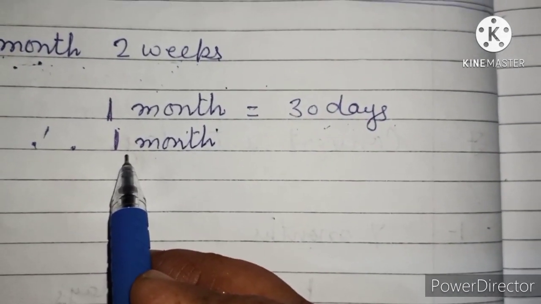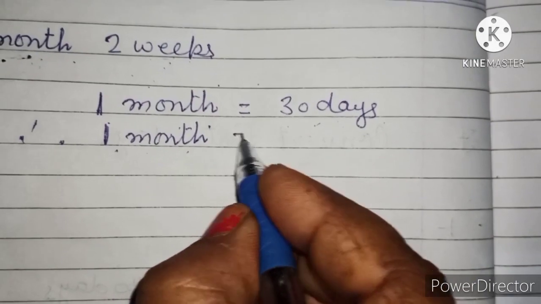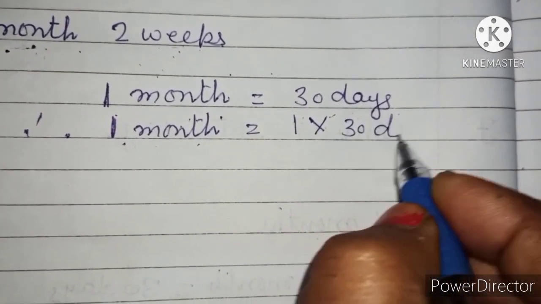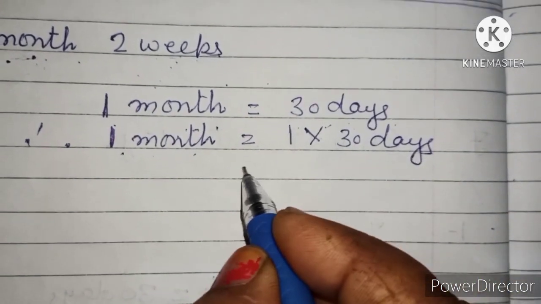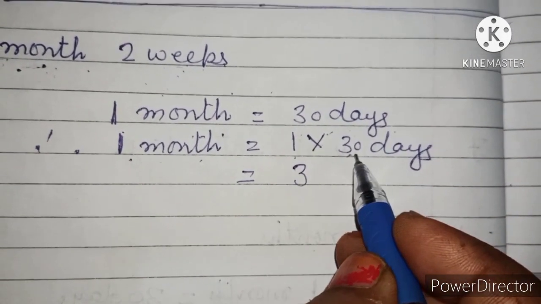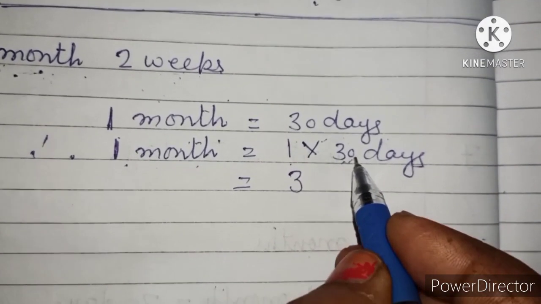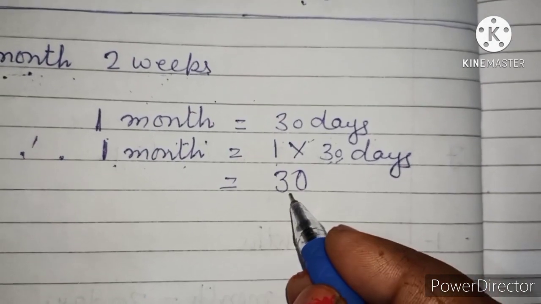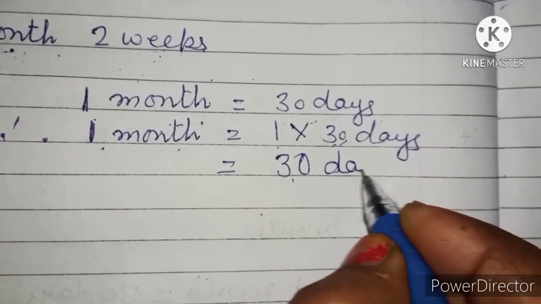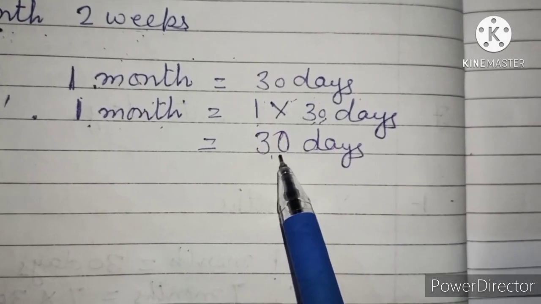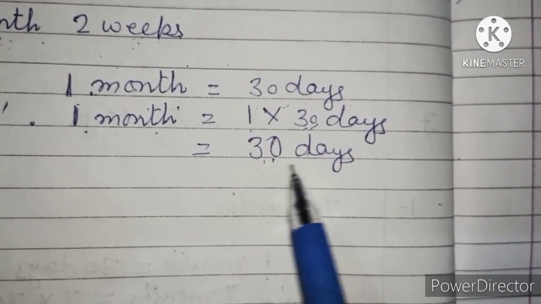So 1 month is equal to 1 multiplied by 30 days. 1 3 is 3, here 0, so put here 0. So answer will be 30 days. Now 1 month is converted into days. Okay?